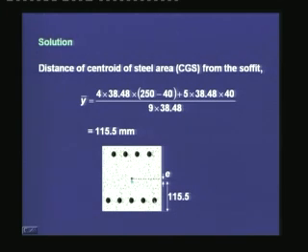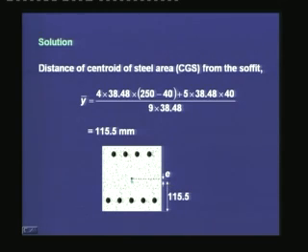Here, for the rectangular cross section, the CGC is at the center.